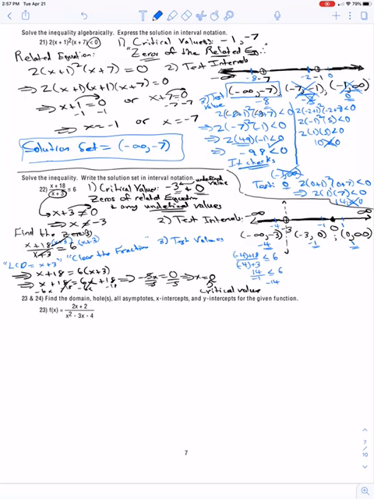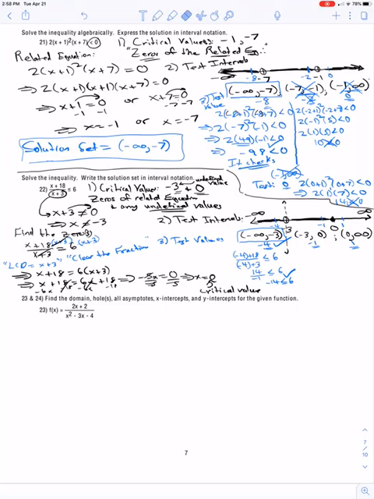So we end up with negative 14 less than or equal to 6. Well, that's true, it is. Negative 4 is a solution. So there's one of our intervals in this problem. We found a value there, so we've got to include that: all real numbers less than or equal to negative 3.